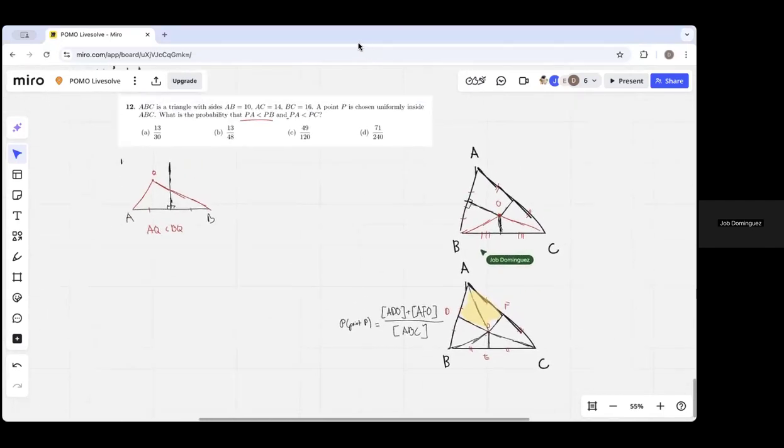And you will eventually get ADO is equal to 55 over 2 square root 3, AFO is equal to 49 over 2 square root 3. And I will just give you a brief on how I got these areas real quick.